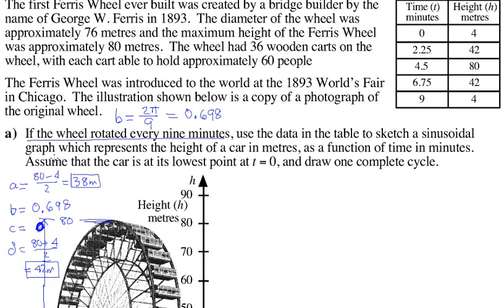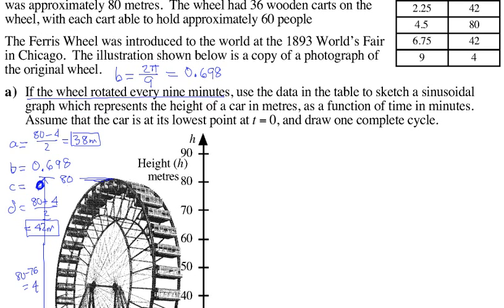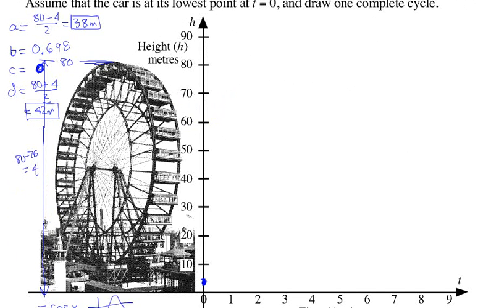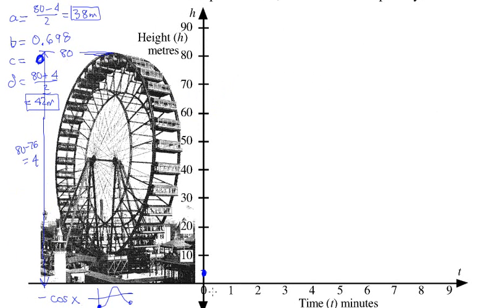So now we're ready to set up an equation if they want one. And using the data on the table up here, we should have enough to sketch this thing's graph. We know that at the very beginning, it was 4 meters off the ground.